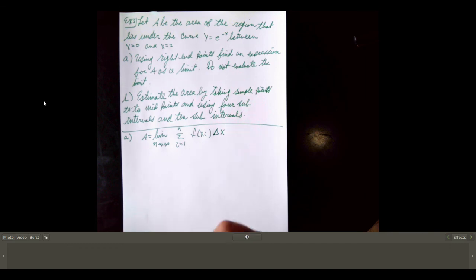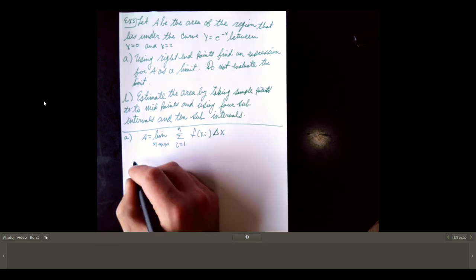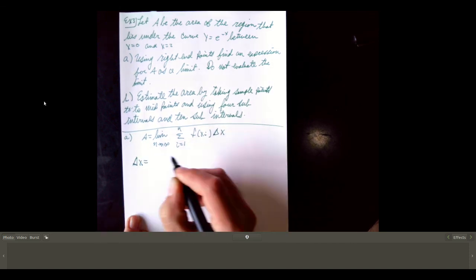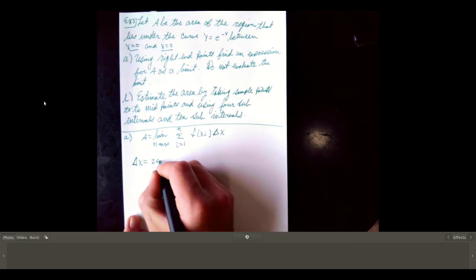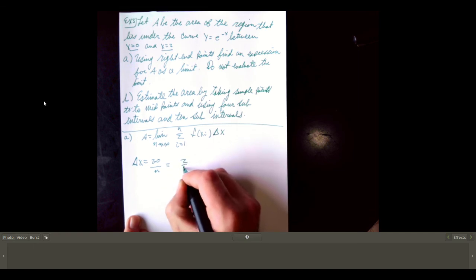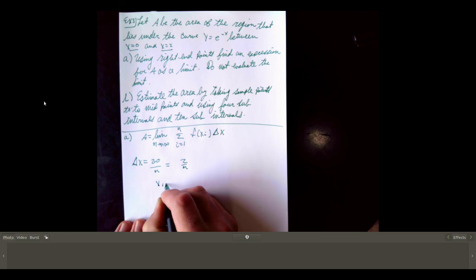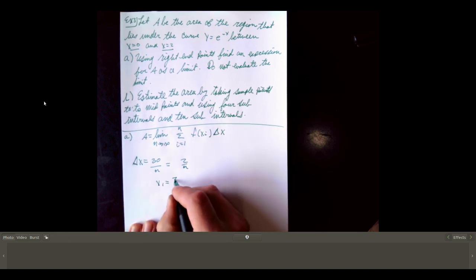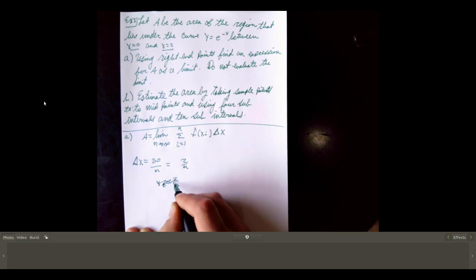Dealing with our x sub i's, well, we'll start off with our delta x. Delta x is equal to the difference in our endpoints, 2 minus 0, divided by n, which is just 2 over n. That means x sub 0 is going to be equal to 0.